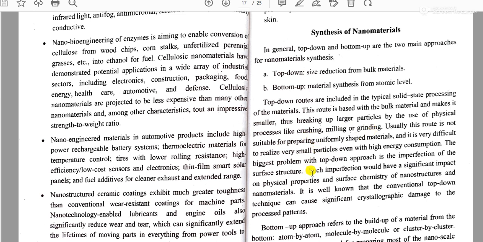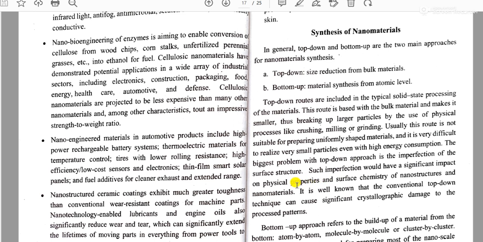The biggest problem with the top-down approach is the imperfection of the surface structure. Such imperfection would have a significant impact on the physical properties and surface chemistry of nanostructures and nanomaterials. So these techniques will create nanoparticles with imperfections, and as a result the desired properties which we want will not be obtained.